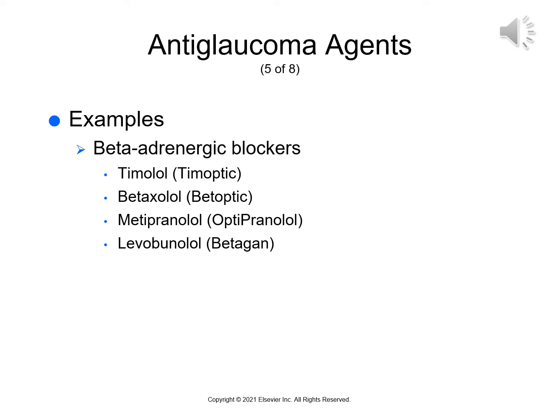All right, the next paragraph, it says a group of medications known as beta adrenergic blockers are also used to treat glaucoma. So the beta adrenergic blockers block beta adrenergic receptor sites. So these drugs, some of which are listed here on this slide, help treat glaucoma by reducing aqueous fluid production. Side effects of these agents include decreased heart rate and blood pressure.